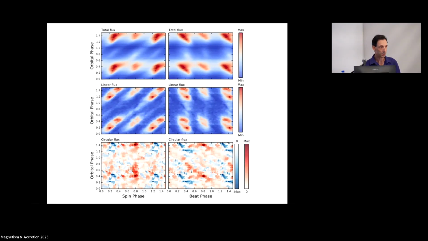We also detected circular polarization at a much lower level, but once you've binned the data up, you can see a definite pattern: the negative polarization is in blue and the positive is in red, and there are regions where circular polarization is preferentially seen.